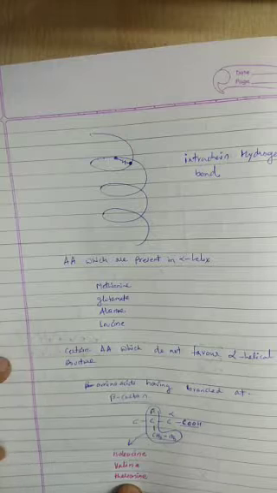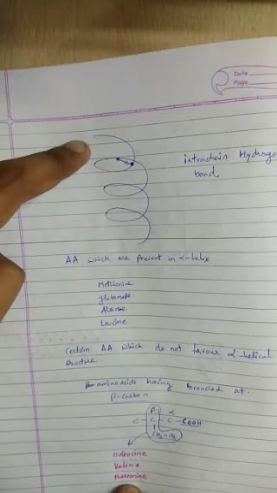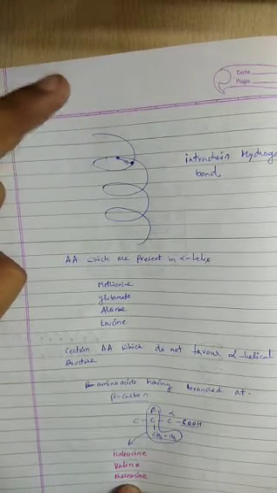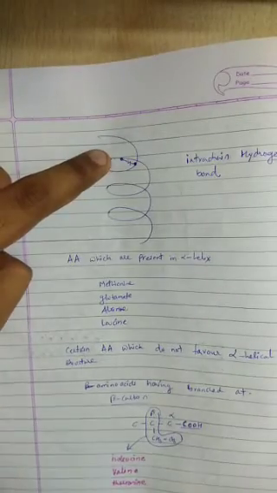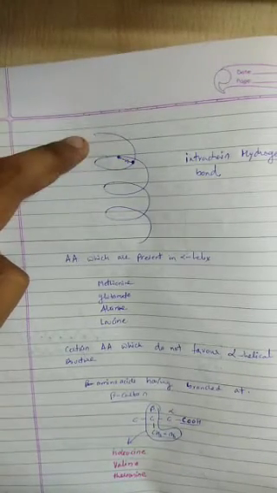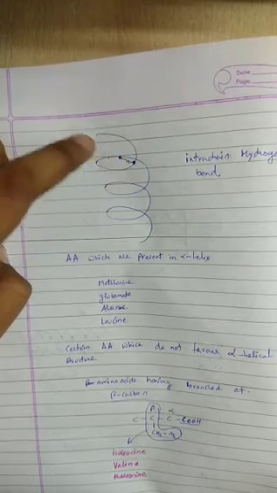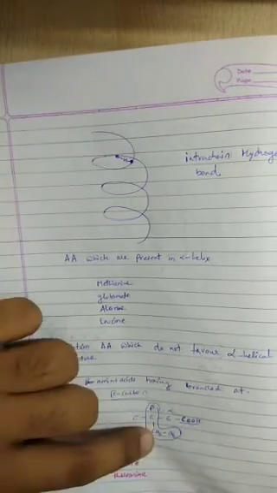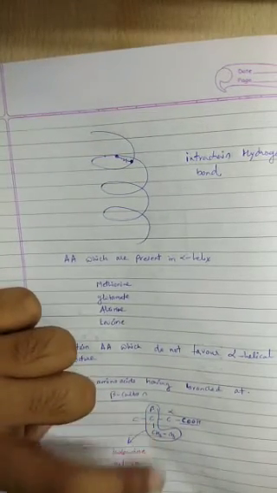When they are present in this alpha helix, they destabilize the structure, and they do not favor this configuration due to the branching present on the beta carbon.